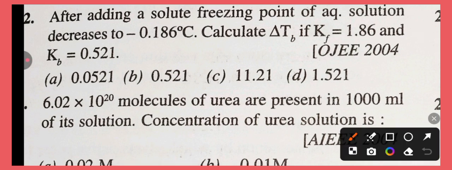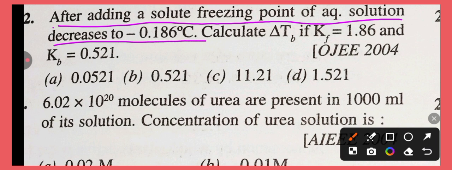Let's read the question. After adding a solute, the freezing point of an aqueous solution decreases to minus 0.18 degrees Celsius. Calculate the elevation in boiling point if the freezing point constant, that is the cryoscopic constant, is 1.86 and the boiling point constant is 0.521. Let's calculate.